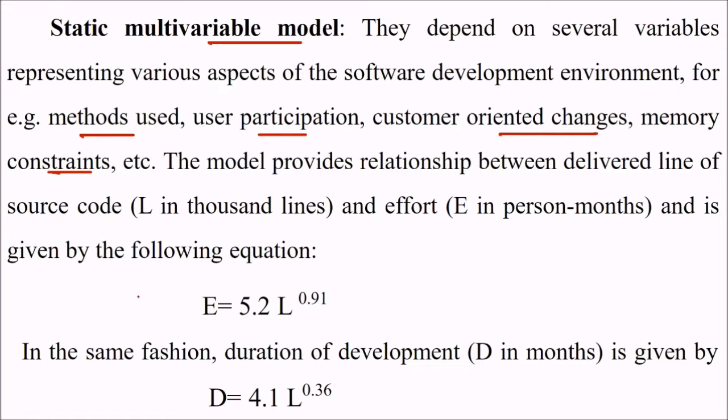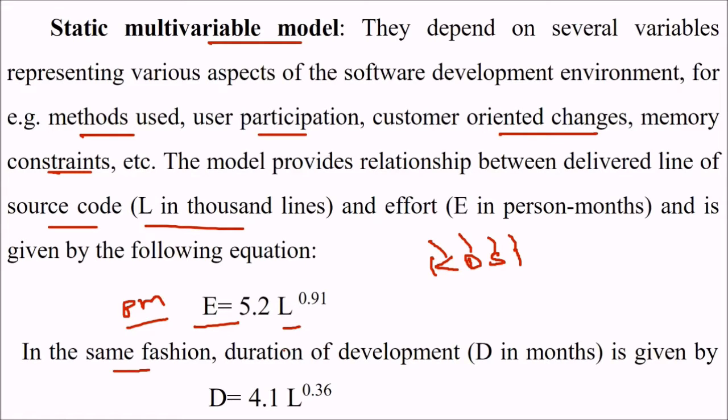So this model provides a relationship between the delivered lines of source code, that is L in thousands of lines, and this L is nothing but the KDSI, kilo delivered source instruction, and the effort is in person month. And this is given by, say, E is equal to 5.2 L to the power 0.91. In the same fashion, the duration of the development is given by D is equal to 4.1 L to the power 0.36.